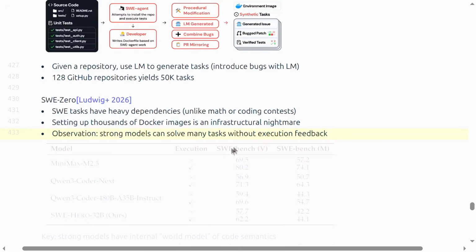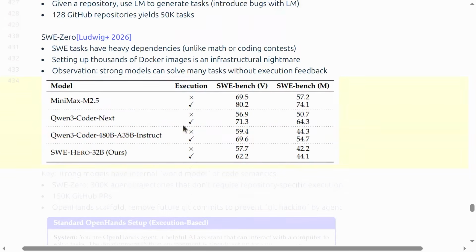So they were thinking about how they can get a dataset across all the repos, rather than having a repo-specific Docker image. They noticed that the models are actually good enough that they can solve a lot of these tasks without execution feedback.